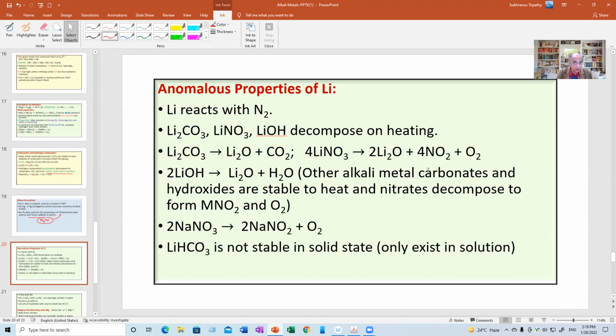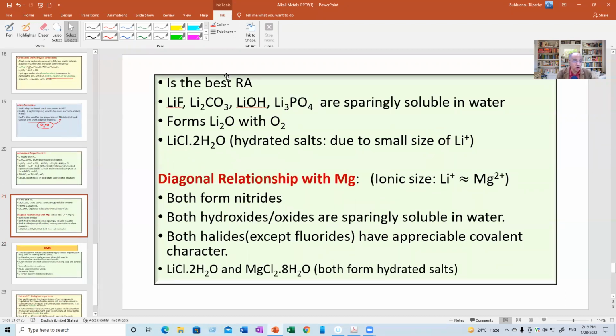Lithium nitrate will give you the reddish brown gas, NO2 as well as O2. But other nitrates will break down to form the corresponding nitrites, no reddish brown gas. Lithium hydroxide will decompose to give you water and lithium oxide. But no other hydroxides will give you their corresponding oxides; they're stable to heat. Bicarbonate is only stable in aqueous solution. They're not stable in solid state. Also, it is the best reducing agent.